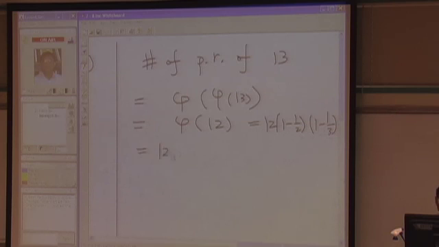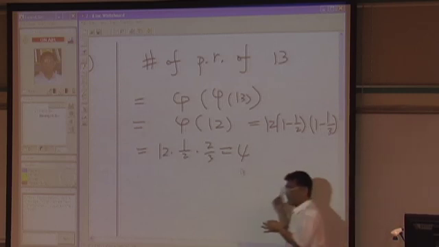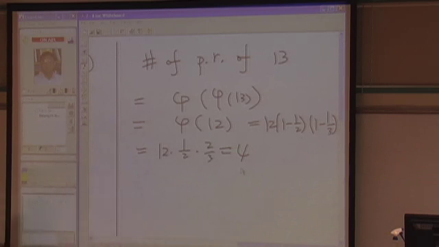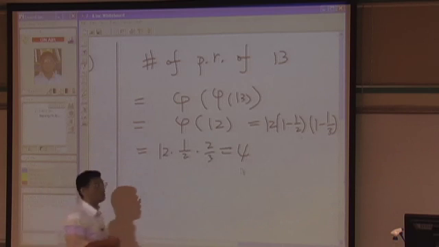Then it is 12 multiplied by 1/2 multiplied by 2/3, and total 4 primitive roots. 2 is one of them, right? So 2 and some other numbers. So total 4 primitive roots.